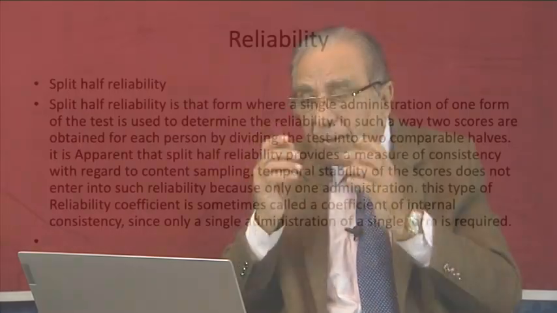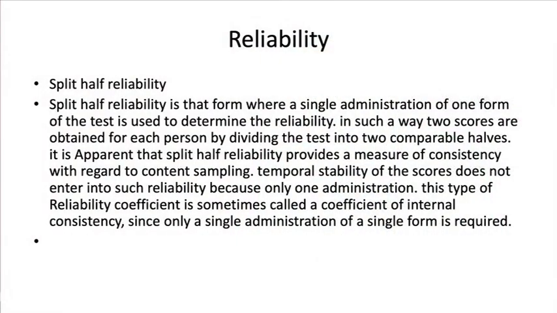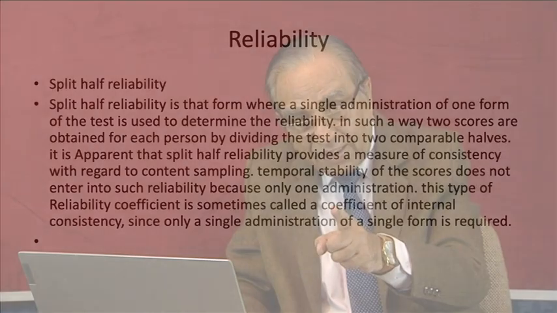Split half reliability is that form where a single administration of one form of the test is used to determine the reliability. In this type of reliability, single administration of a single test. Go back to the test-retest: double administration of a single test, am I right? That was the test-retest.